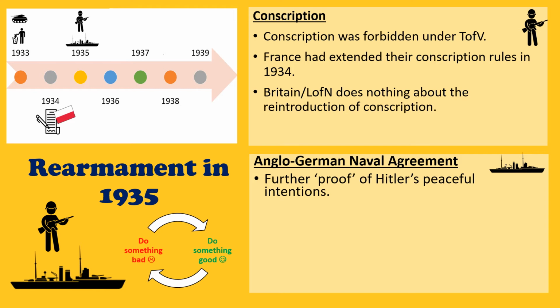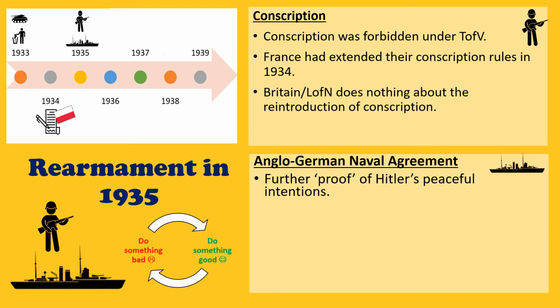You may remember from the Treaty of Versailles that David Lloyd George, the Prime Minister of Britain, was very keen to limit Germany's Navy. Give you a second to remember what the naval restrictions were. So it came out as 15,000 men in the Navy and 6 battleships only. Okay, they were the only things that were permitted.